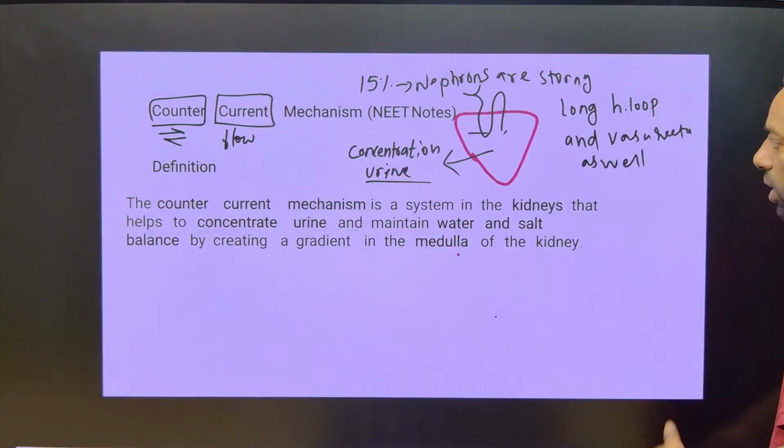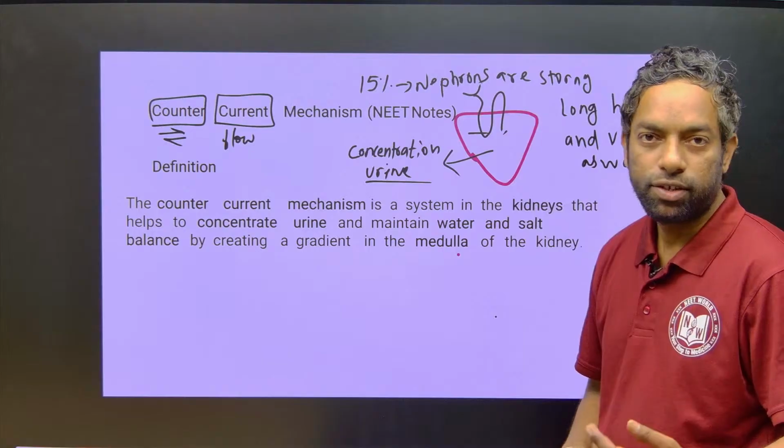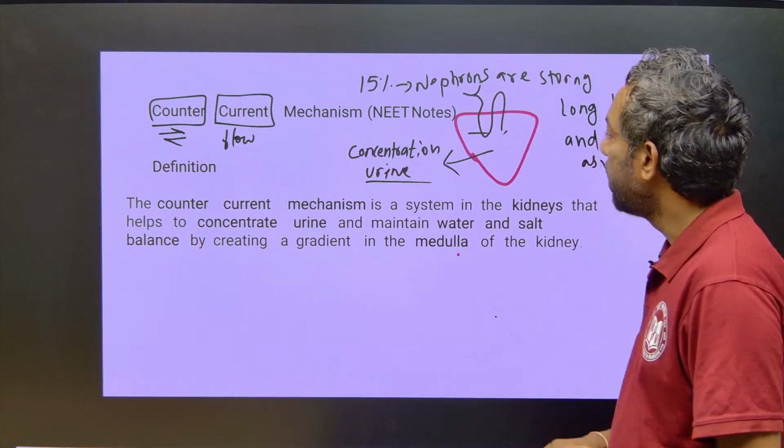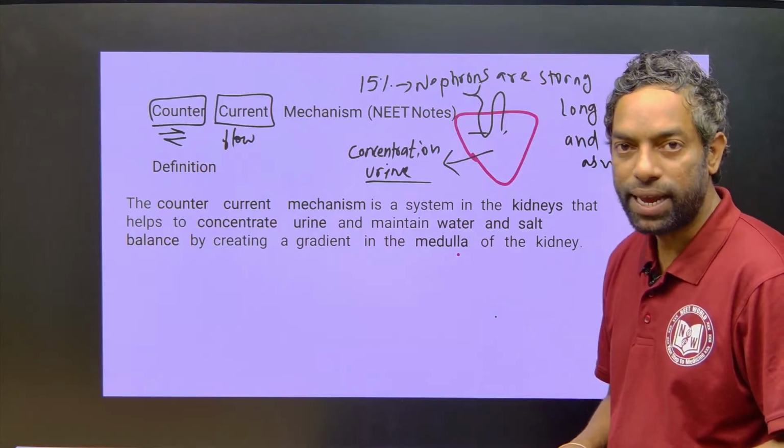Yeah, counter current mechanism. There are cortical nephrons and juxtamedullary nephrons. Urine is concentrated in the presence of ADH hormone.